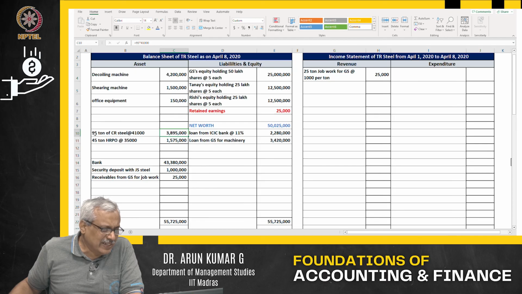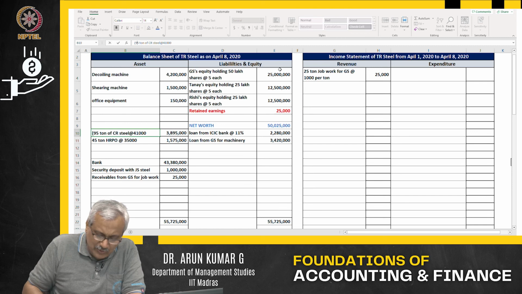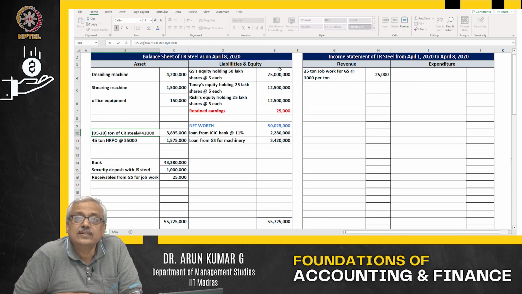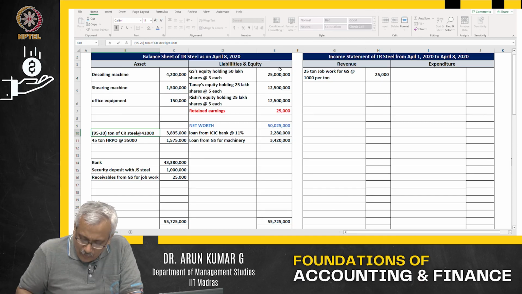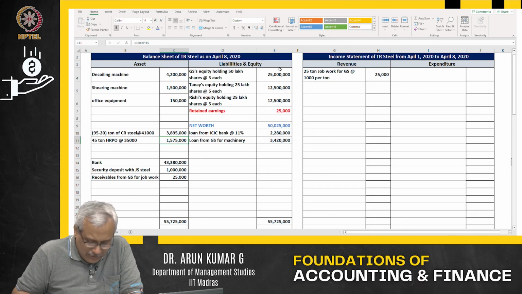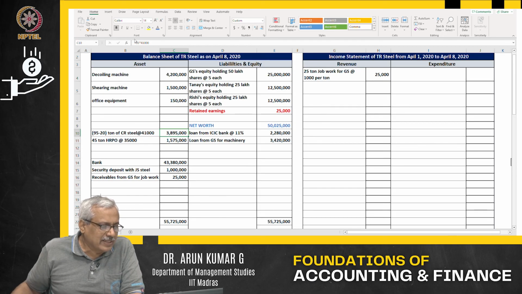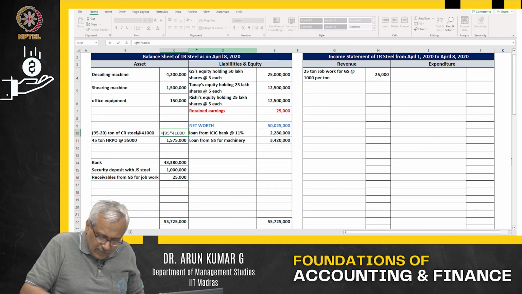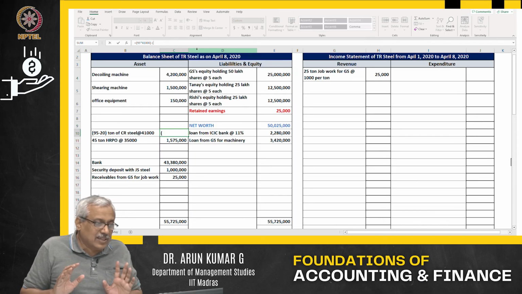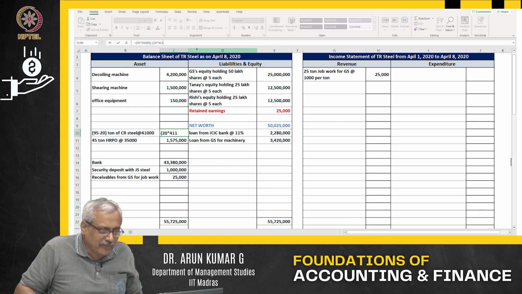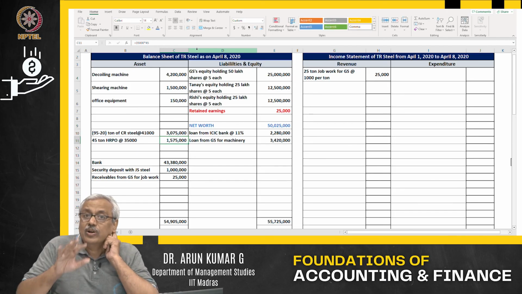When you have utilized 20 tons of CR, then what happens in this particular case? First, I will utilize the 20 tons of CR. 20 tons goes away. So, what is the value of what is there in your stock? Whatever I have utilized goes away, it is not owned by you anymore. 20 tons into 41,000 rupees per ton goes away from you.